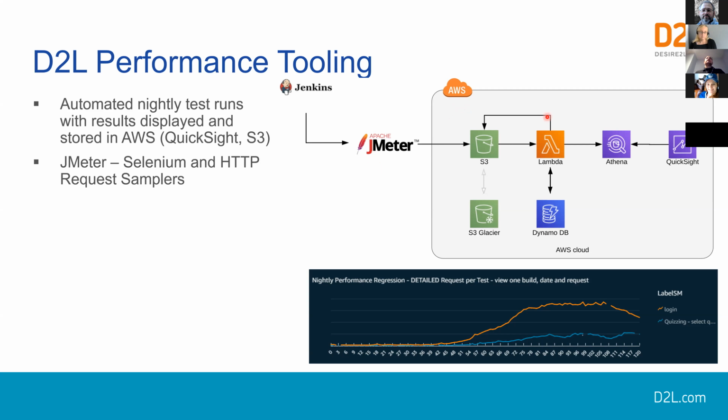Test results are compiled, displayed, and stored in AWS, where they can be easily accessed for further investigation and comparison with previous test runs. We are also making use of PowerShell scripting and perfmon performance counters, as JMeter has limited native measurement collecting support.